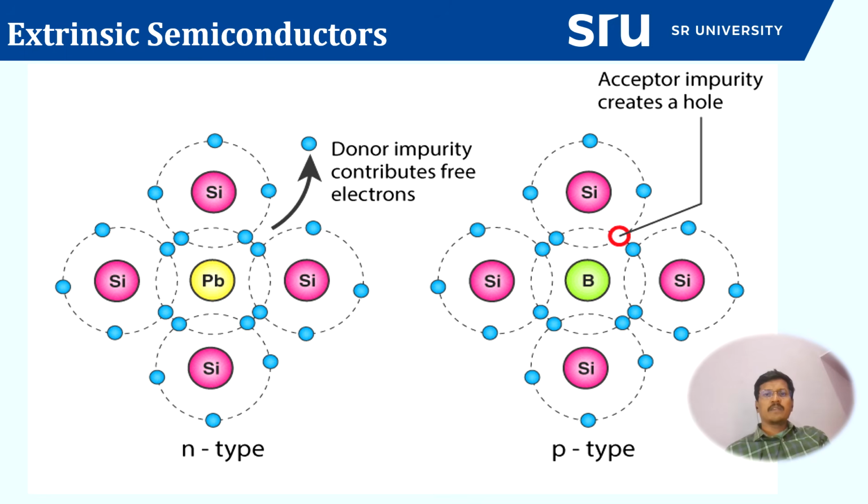Virtually every electronic device around us uses an extrinsic semiconductor. It may be a smartphone, laptop, or LED, anything. Every electronic device has a number of transistors and diodes which are made of extrinsic semiconductors.